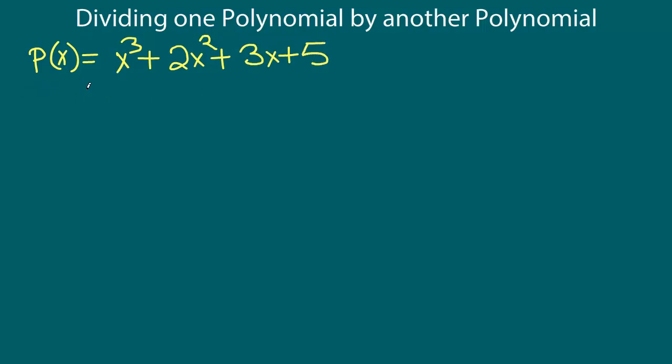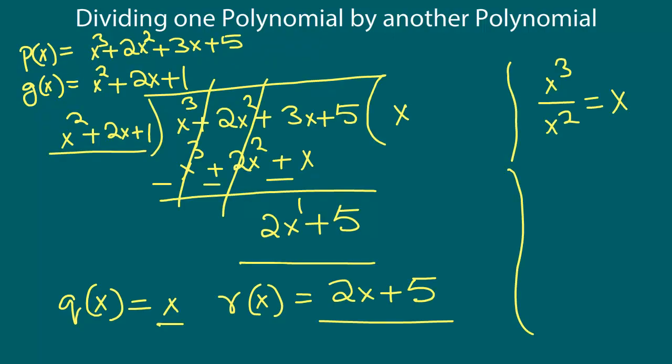Let's take a look at one more example. Why don't we take the same polynomial, p(x), that we had last time, and divide it by a different polynomial. So we had x cubed plus 2x squared plus 3x plus 5.